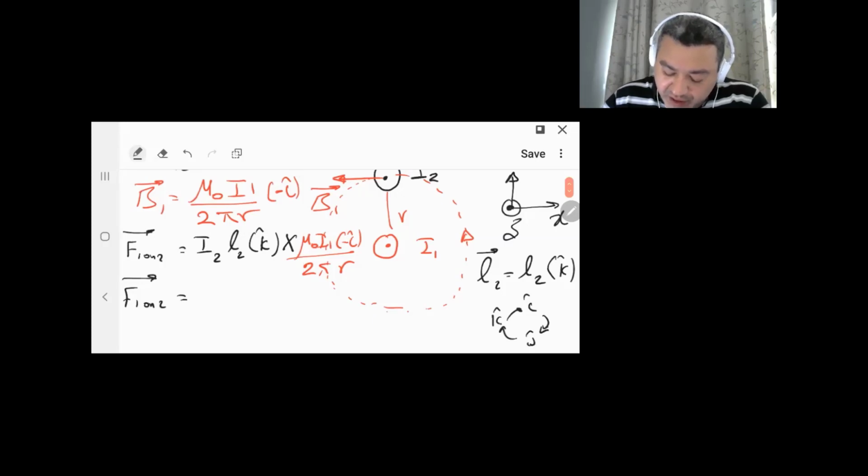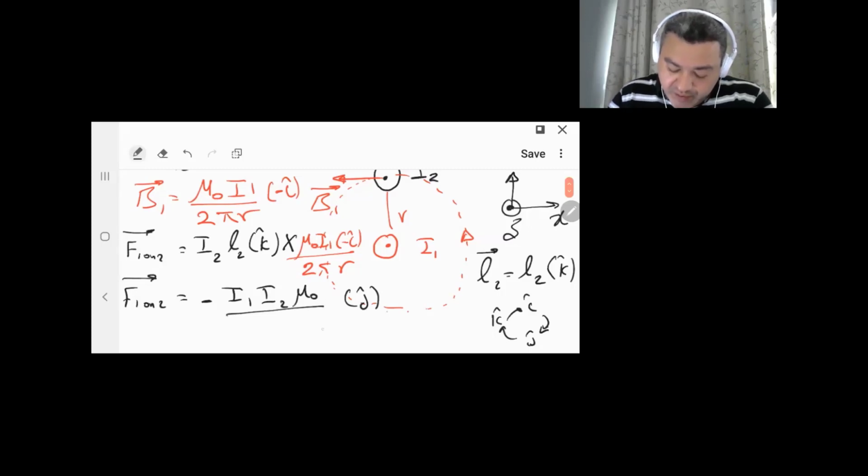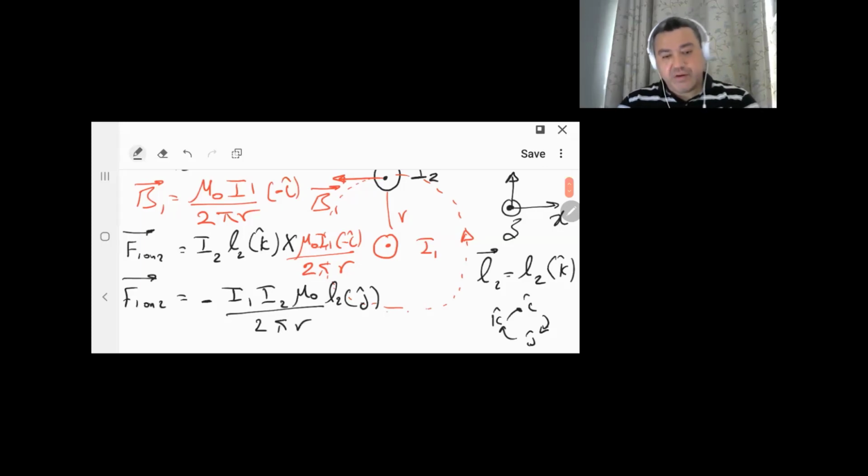So I have here K hat cross I hat as J hat, and I have the minus, then the answer would be minus J hat, and then inside here I will rearrange I1, I2, mu naught L2 divided by 2 pi r.